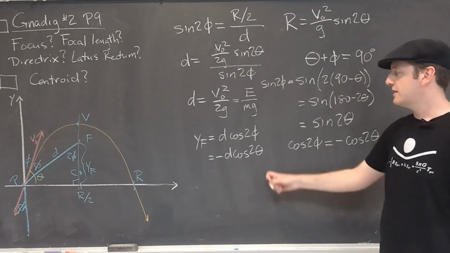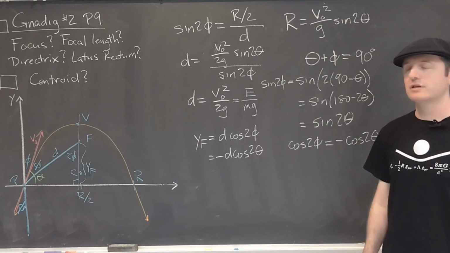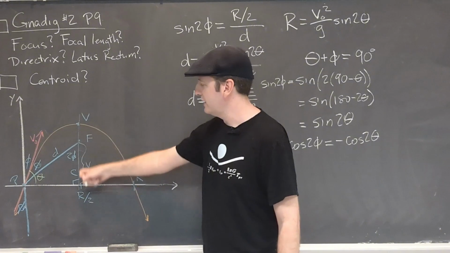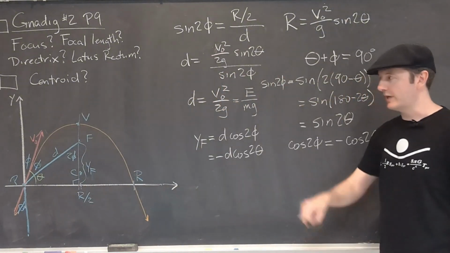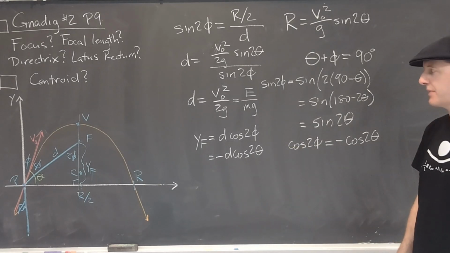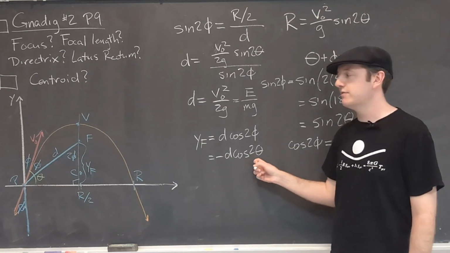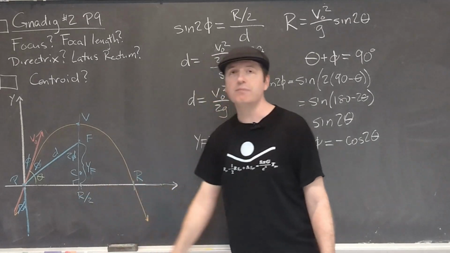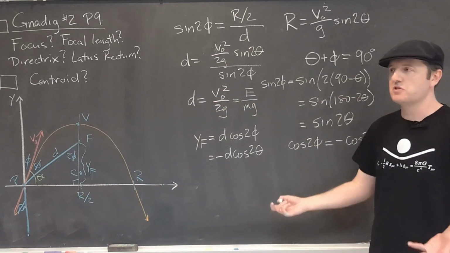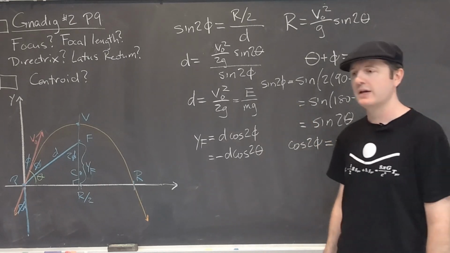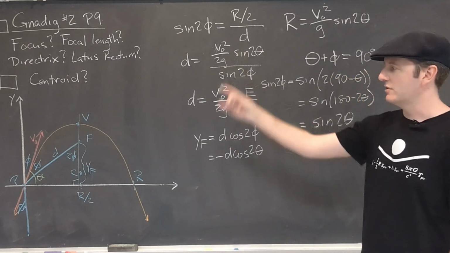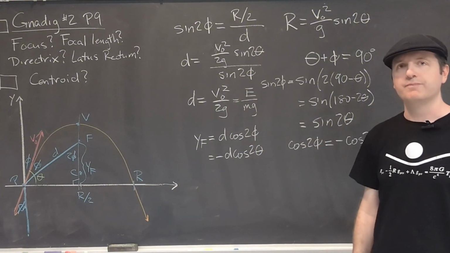It also tells us that if my launch angle equals 45 degrees, this focal point lies on the x-axis. It'll actually be at the same altitude as my launch point P. And if theta is less than 45 degrees, the focus will actually be below the horizontal axis. There's nothing really wrong with that. I'm not expecting my focus to always be in a positive direction, but I am expecting it to lie on this line at r over 2.